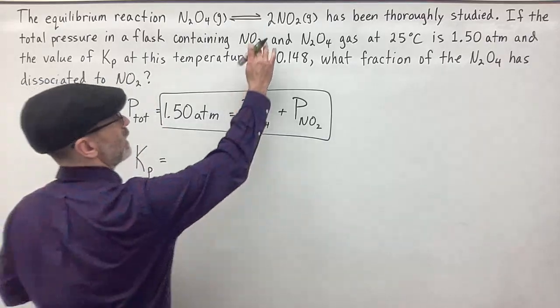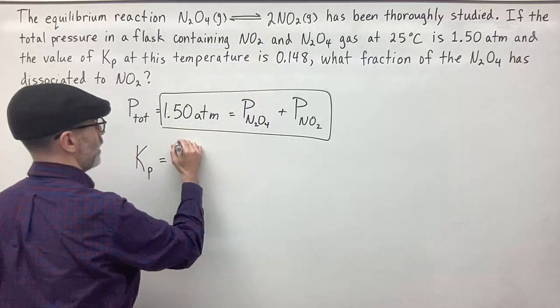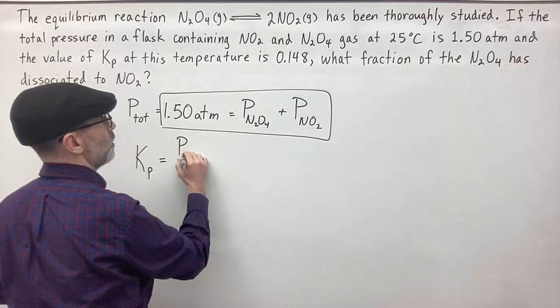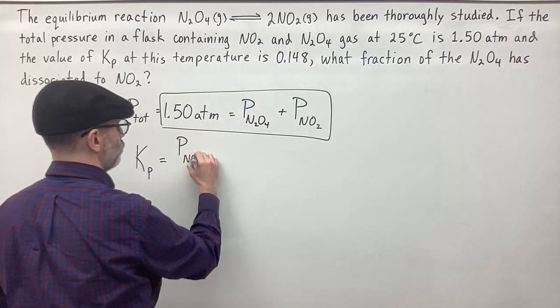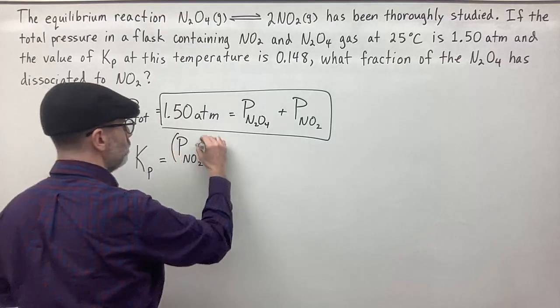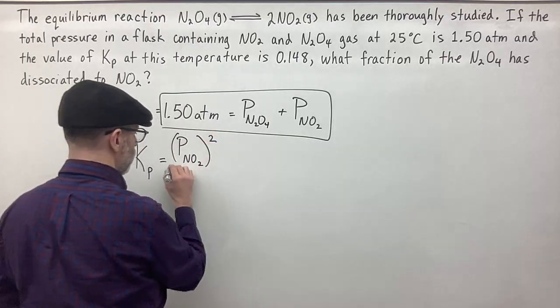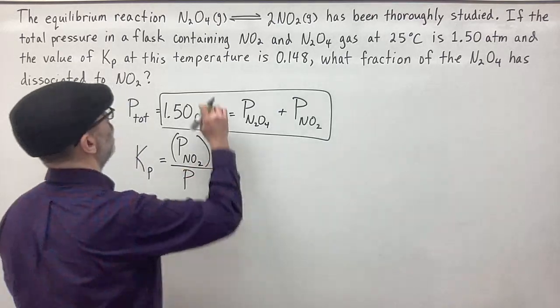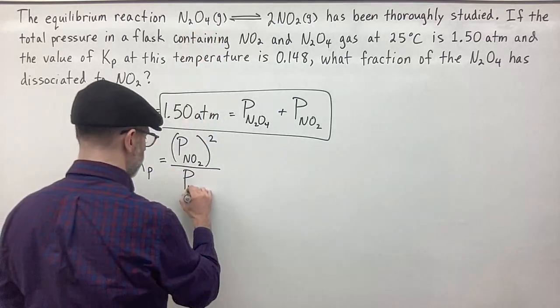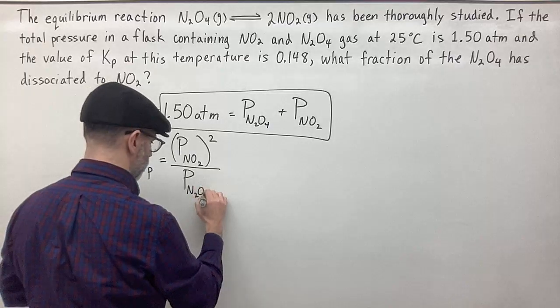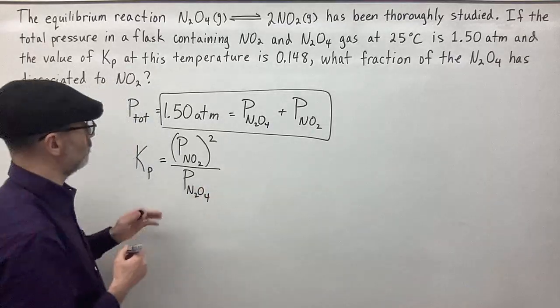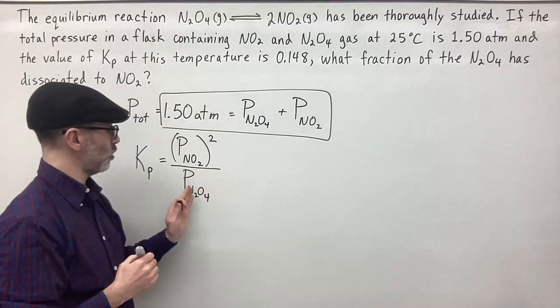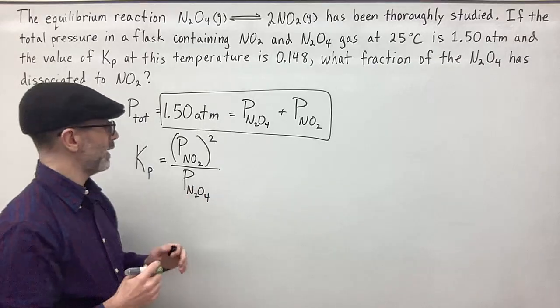So here we have a 2 coefficient, so we're going to have the partial pressure of NO2 squared over the partial pressure of N2O4 raised to the 1 power, so we don't need to write the 1.